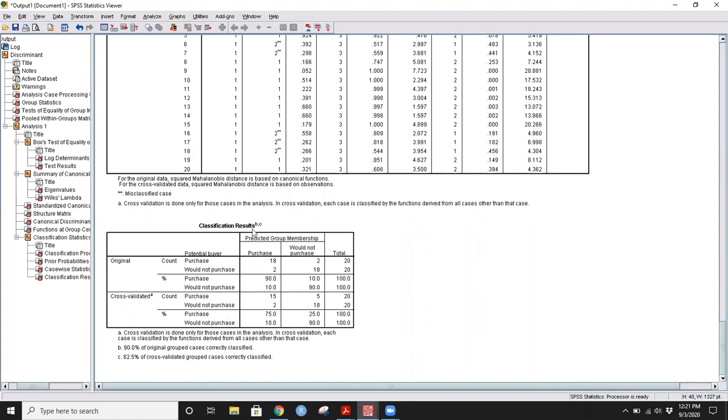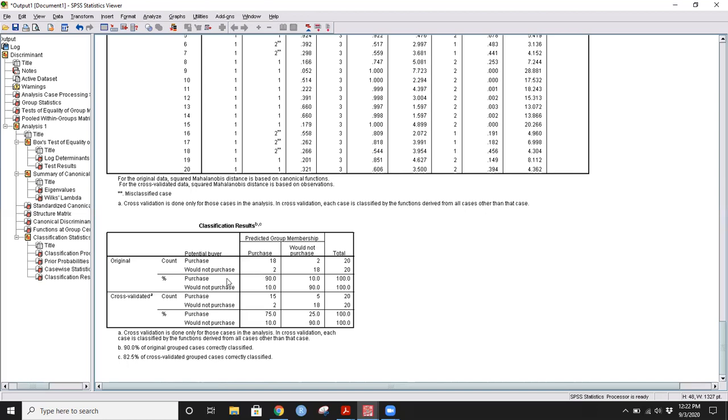Okay. Now this particular table is also useful in giving you something called a hit ratio. So this is the hit ratio. Hit ratio means the percentage of cases correctly classified, that is, total cases which have been correctly classified. So we have 90% of the original grouped cases correctly classified. Where is this coming from? This is coming from here.